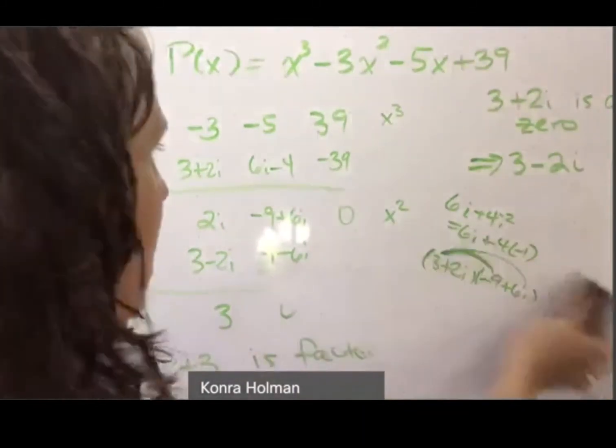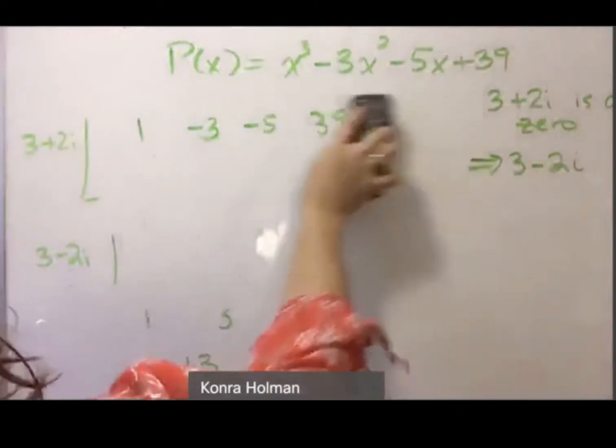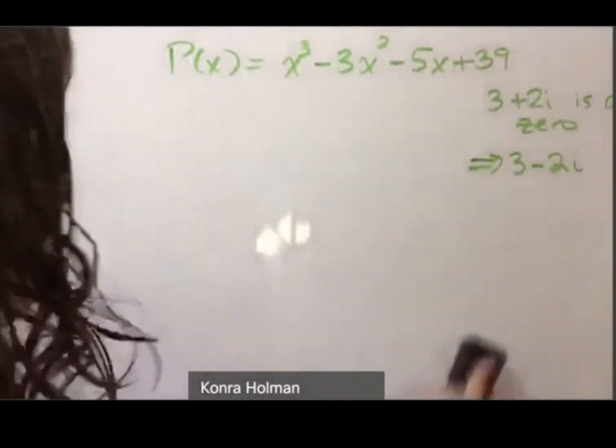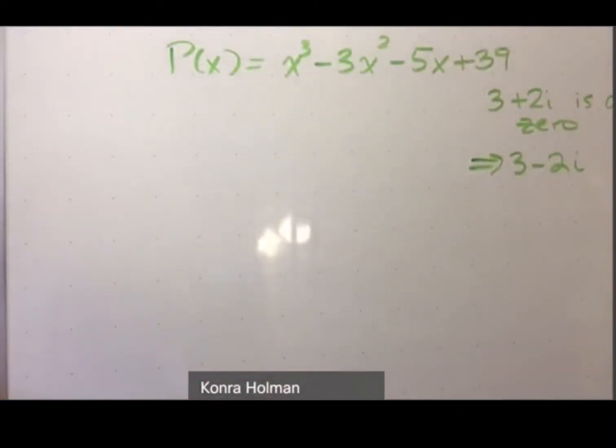I'm going to do this problem again. Let's see if it turns out prettier or not. There's a trick that if you do it the other way, there's a trick. Yeah, it says the zeros are 3 minus 2i and -3. Okay, so I'm going to start over again.